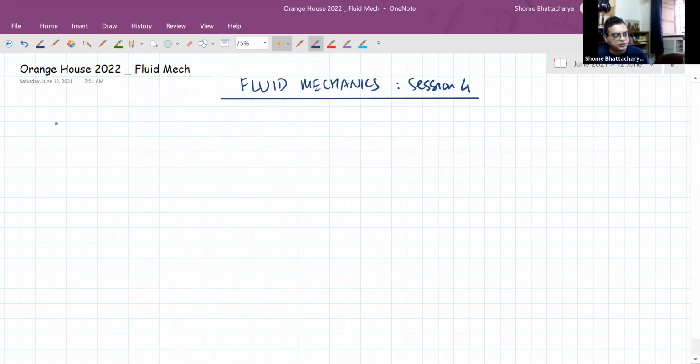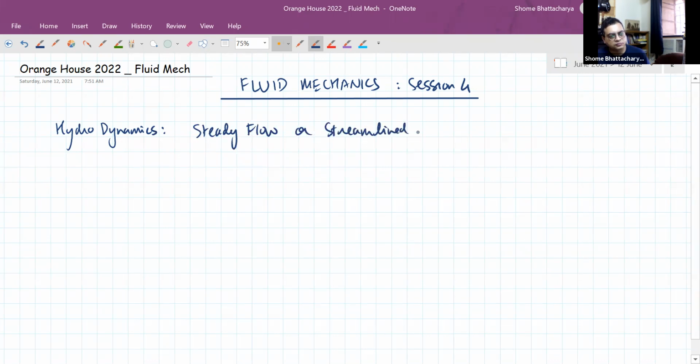So in the last session, we were discussing hydrodynamics. And we had seen steady flow or streamline motion of an ideal fluid.